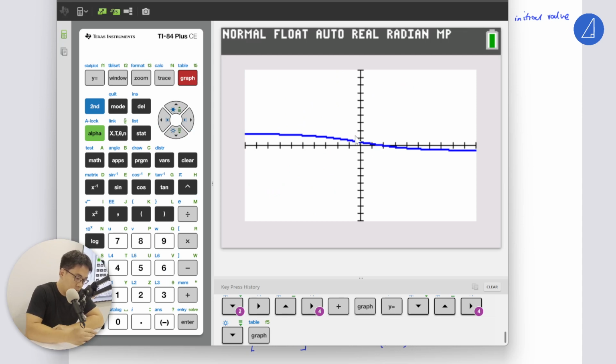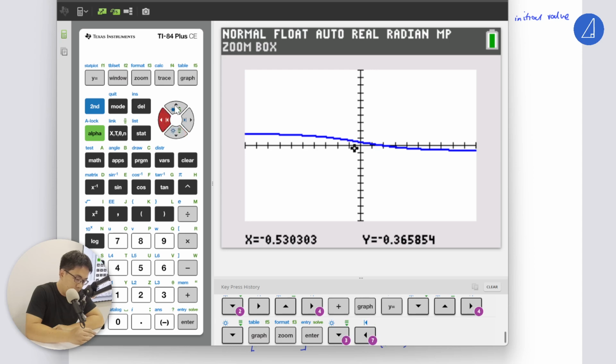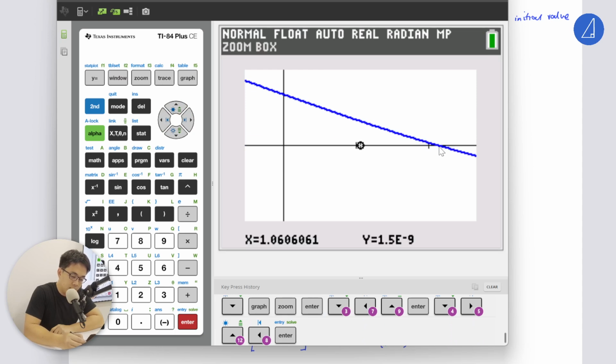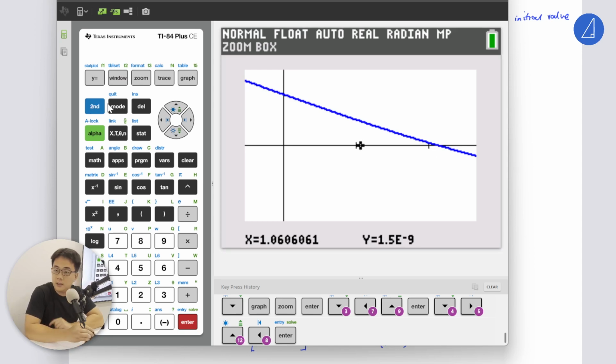This region here. So you go to zoom, zoom box, scroll up, zoom box here, press enter. This is the region. You only need this portion. This guy here is your 2.152. If you look at it fully, calculate: x is 0.